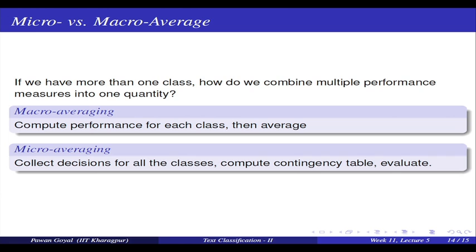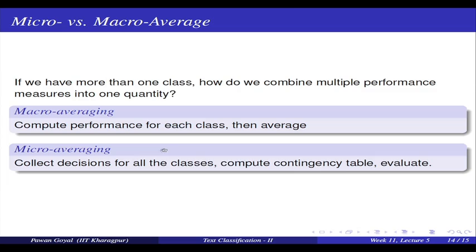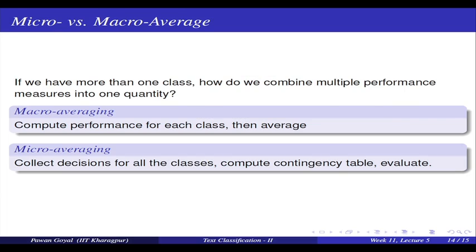In micro average precision, I first take all the decisions and compute a single metric over all the decisions taken together. I see how many cases are true and false, take them together, make a single statistic or single contingency table, and compute my precision and recall from there. So let us take an example.